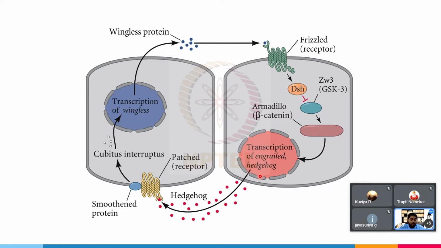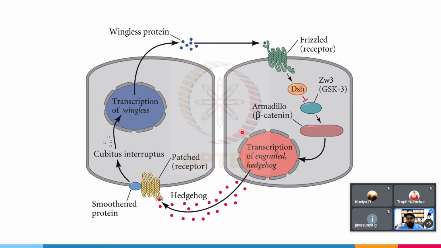We have already looked at the Hedgehog pathway. So we have engrailed turned on in the right cell, as well as production of Hedgehog. Hedgehog is now secreted and it binds to Smoothened protein, which is the receptor of Hedgehog. After another signaling cascade, we have transcription of wingless in the left cell.